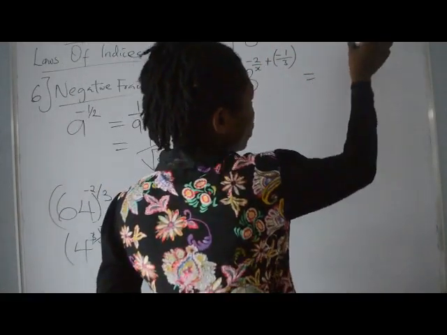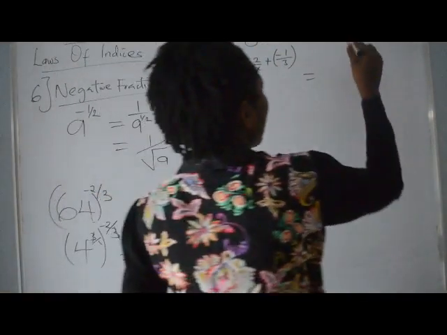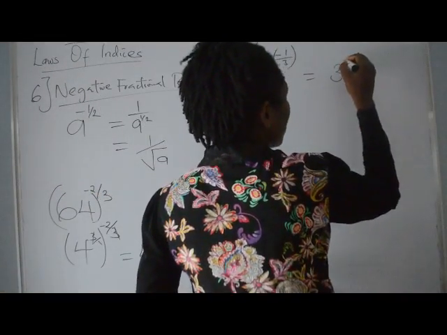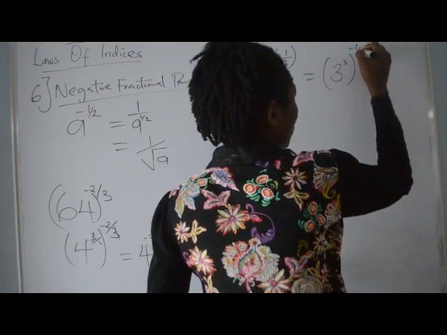Then we're going to simplify the right side also using 3, since they are all in base 3. So we'll be having 3 raised to power 3, which is 27, raised to power minus 1 over 3.